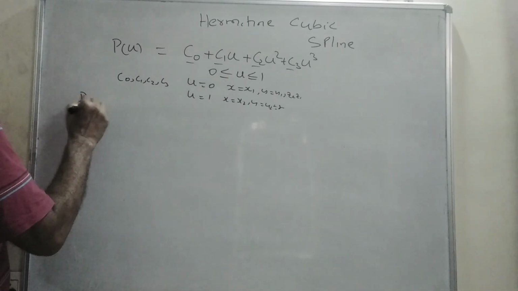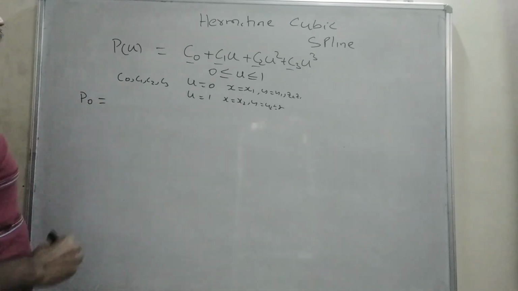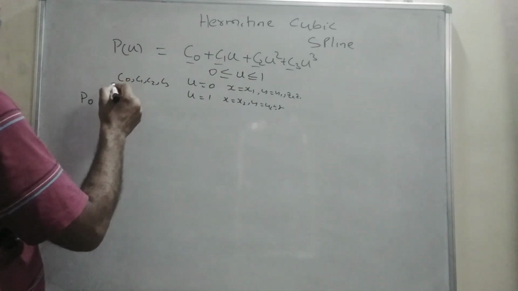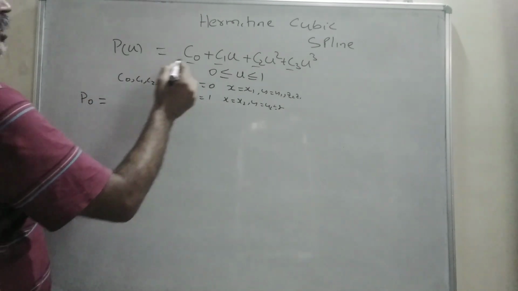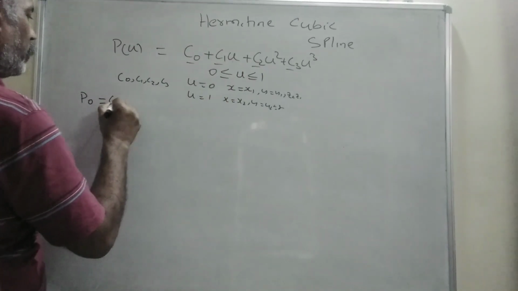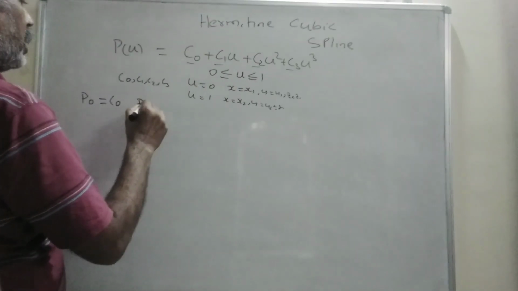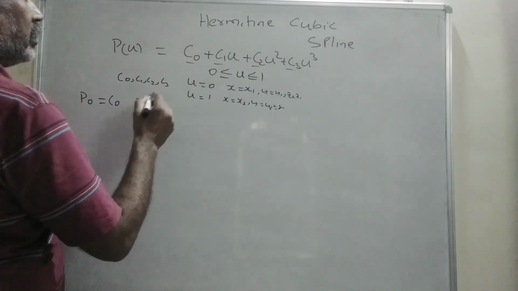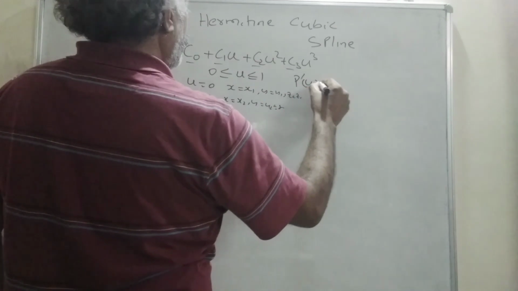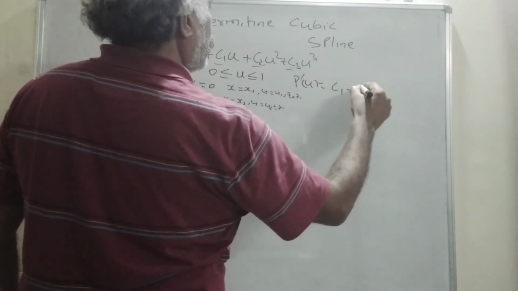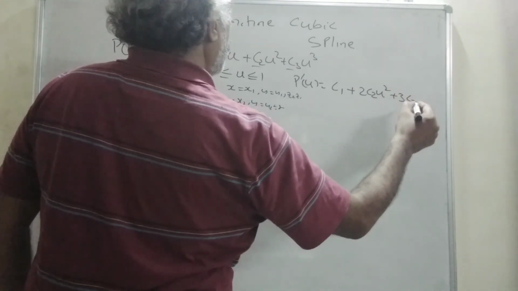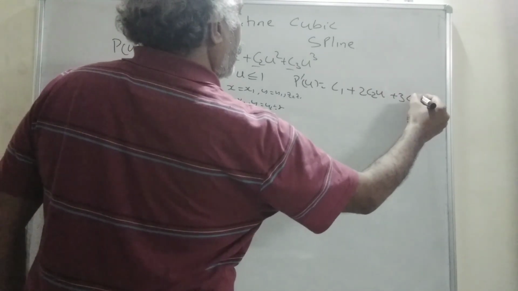See here, P0 is equal to, so u is equal to 0. If you put u is equal to 0, you get the first point, that is equal to C0. And see here, I am writing P dash U is equal to C1 plus 2C2 U plus 3C3 U square.